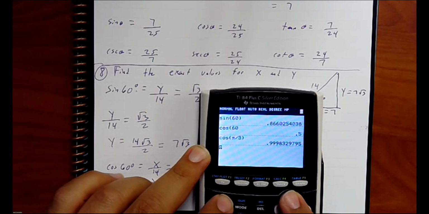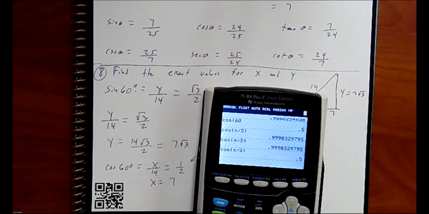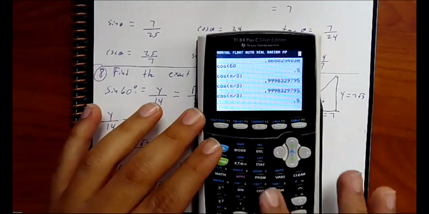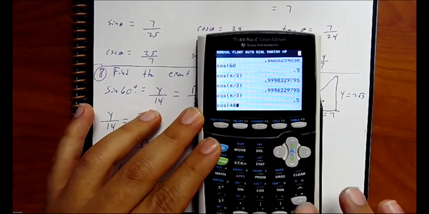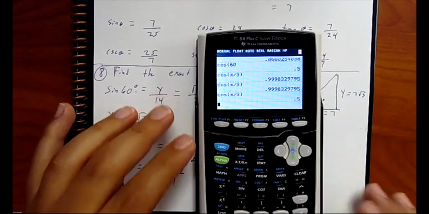I got to change first. See how now it's a half. But if you have an angle like 48 degrees, then you have to use a calculator and plug it in, assuming you're in degree mode.